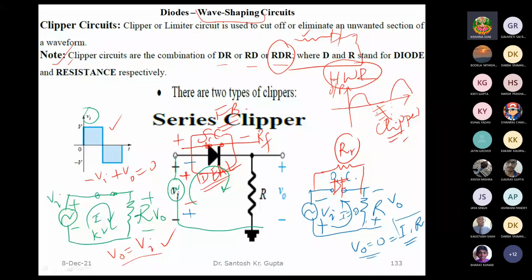So one can analyze like this here. In this case, current I will be Vi upon R plus RR, or one can also write RL plus RR.